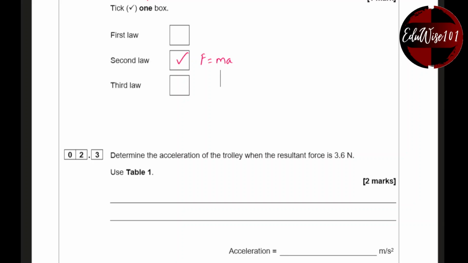2.3. Determine the acceleration of the trolley when the resultant force is 3.6. So they're asking you to calculate the acceleration. Now you can use the equation F equals ma. We don't know the mass, so we can use the values given above.